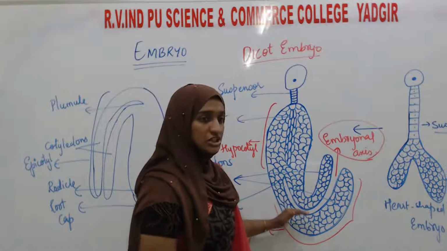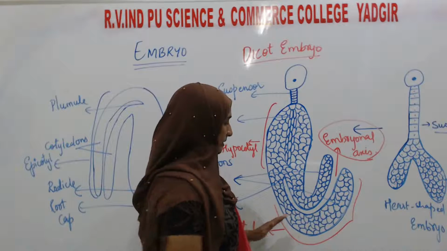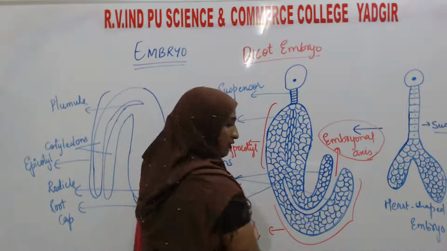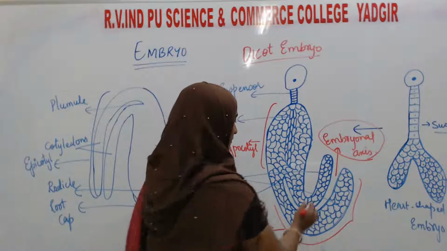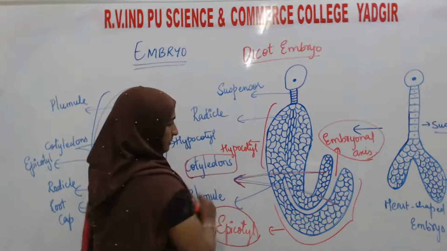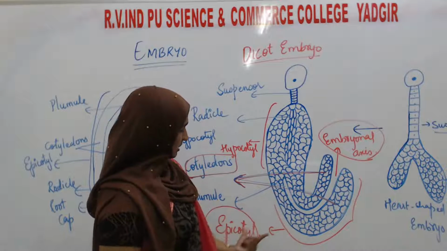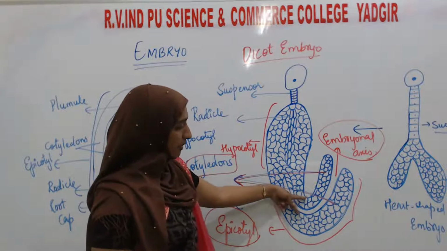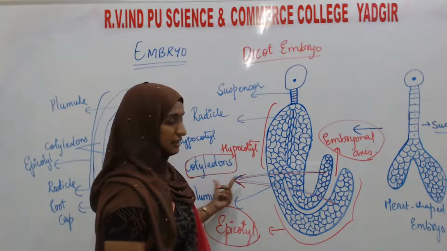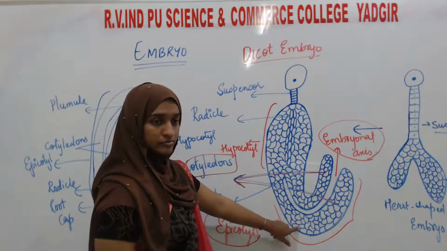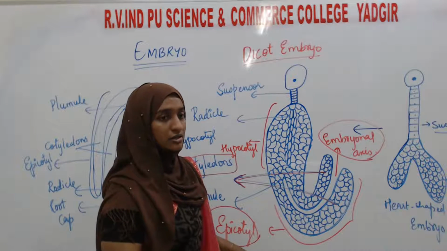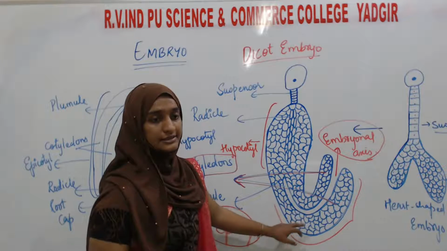The region where the cotyledons are present is known as the epicotyl, and these two are the two cotyledons, cotyledon 1 and 2. This embryonic axis is going to make a division to form the two cotyledons.